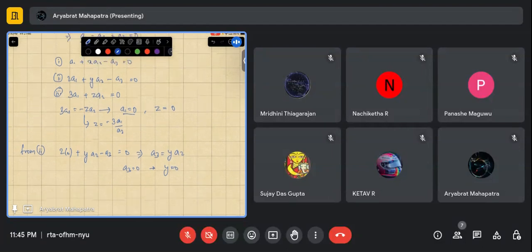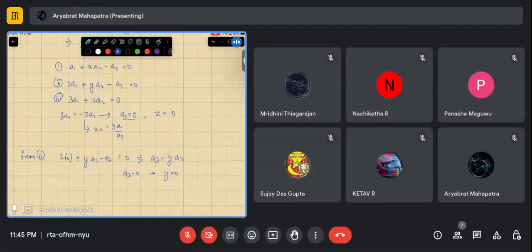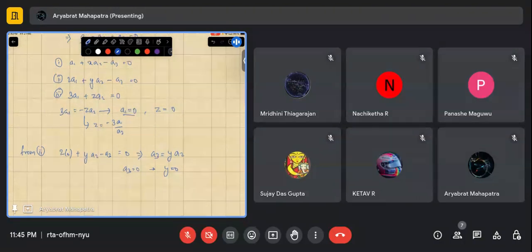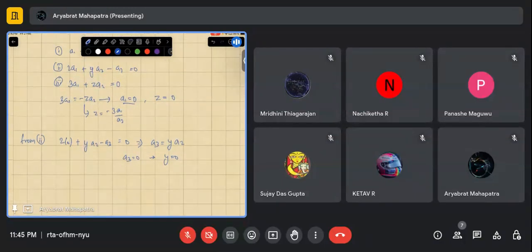You can use both A3 equals 0 and also the one we imposed earlier, A1 equals 0. So from 1 you can get A2 is 0.